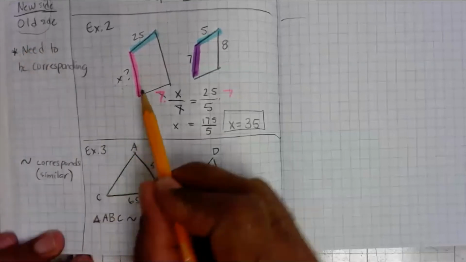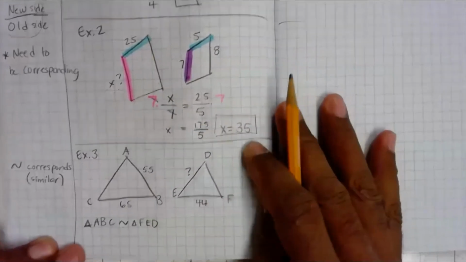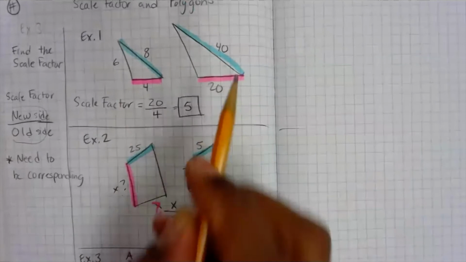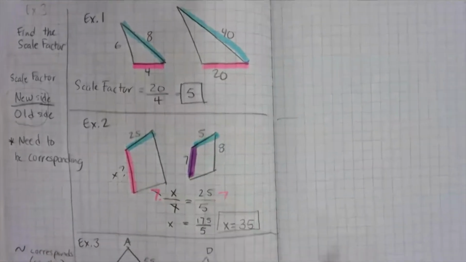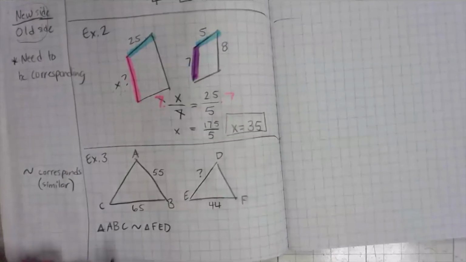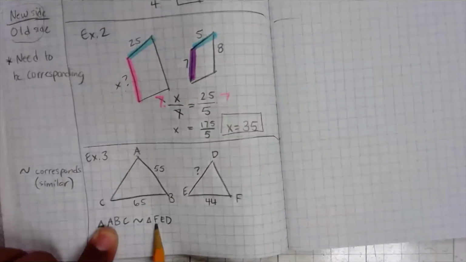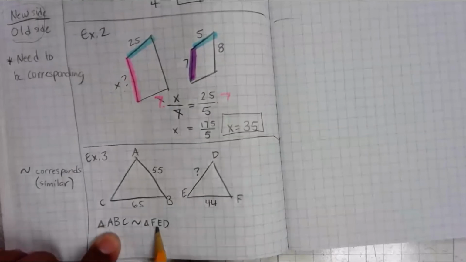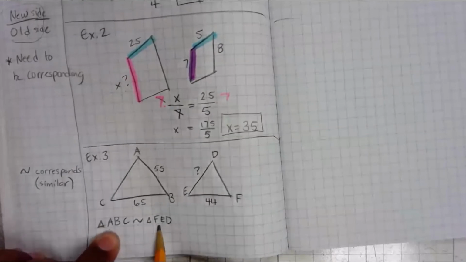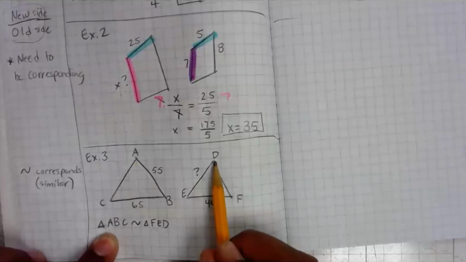So remember here, I had to match up the X with the 7, 25 with the 5, or in the first one, the 4 with the 20. I got to figure out which ones are corresponding. And to do that, I have to use this statement. Okay. So it says that A goes to F. So if you notice, A comes first and F comes first. So what that means is that F and A are the same. But notice on the next triangle, F's not on the top.